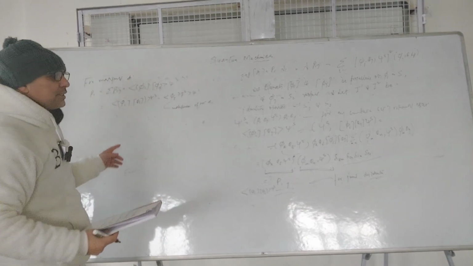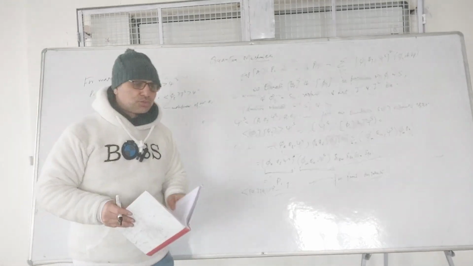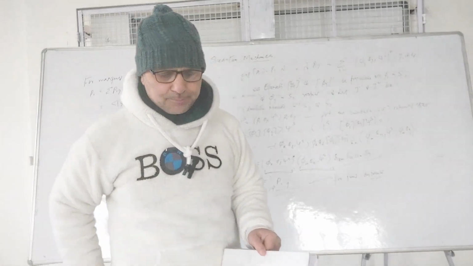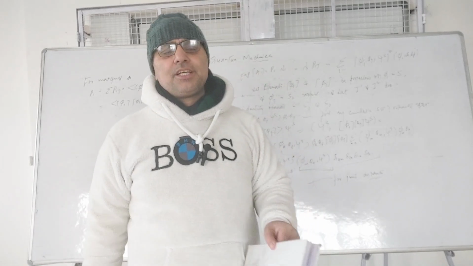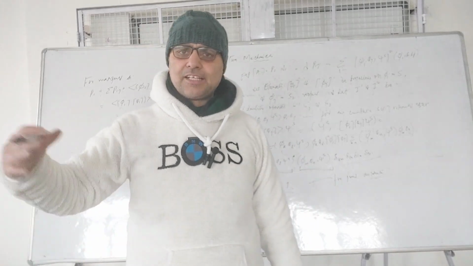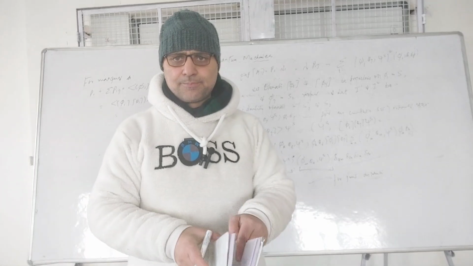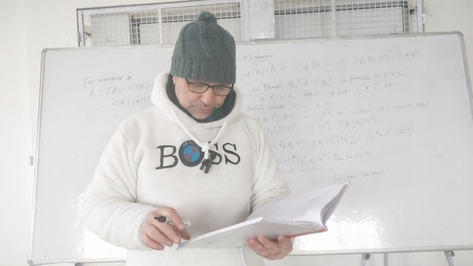So in that sense, you can say in the case of marginal distribution, the choice of subsystem is not influenced or affected by any part of the other subsystem.